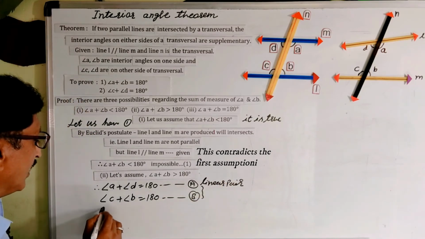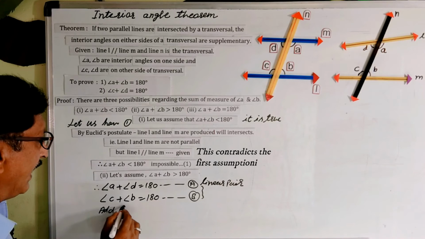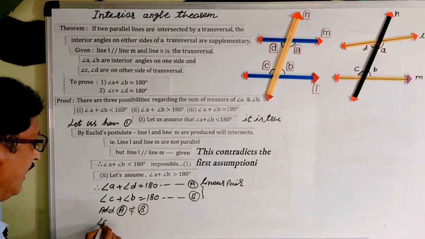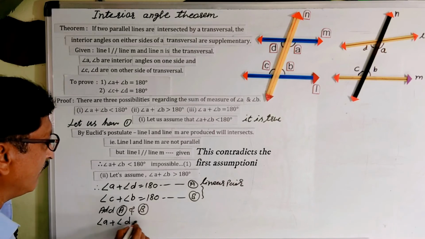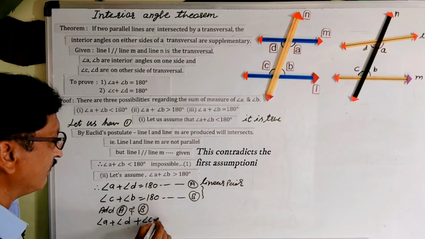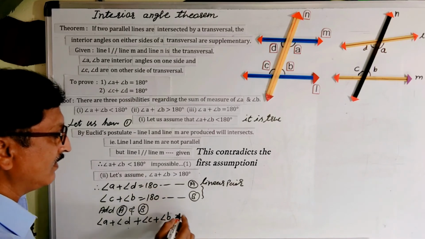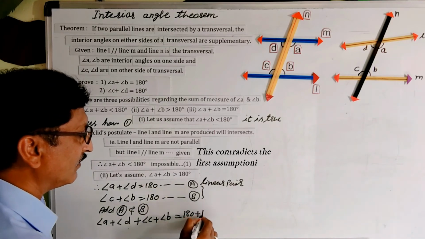Now add equations A and B. See what we will get here: angle A plus angle D plus angle C plus angle B equals, on the right hand side, 180 plus 180.